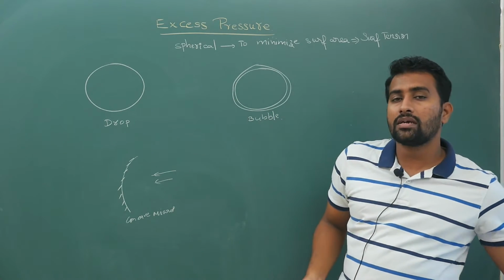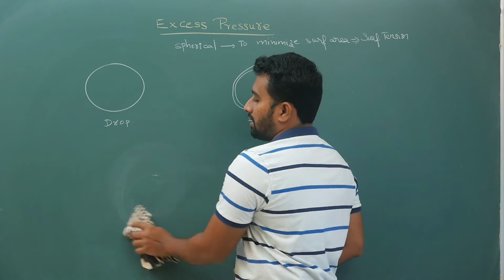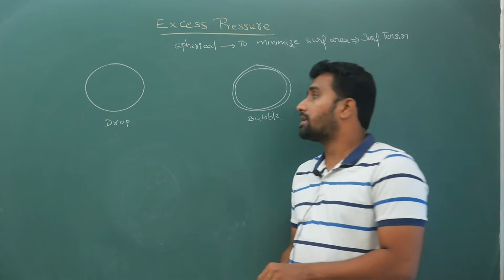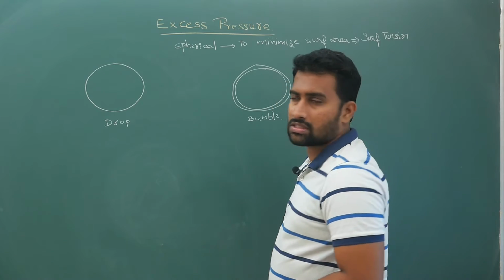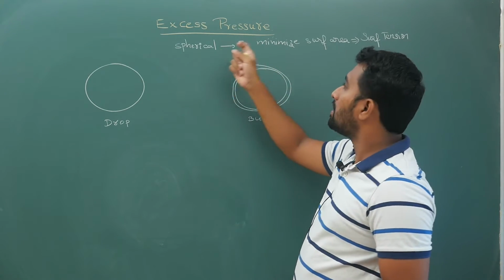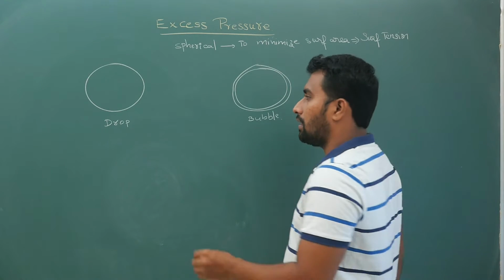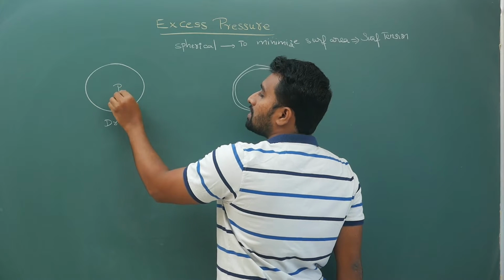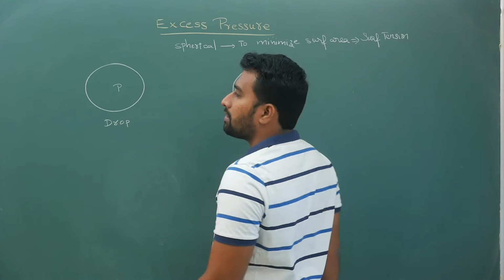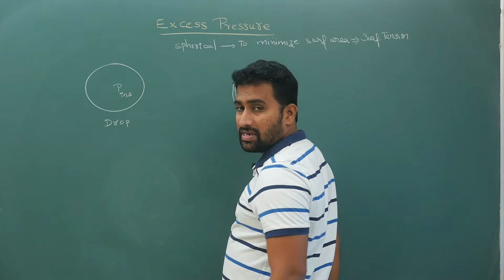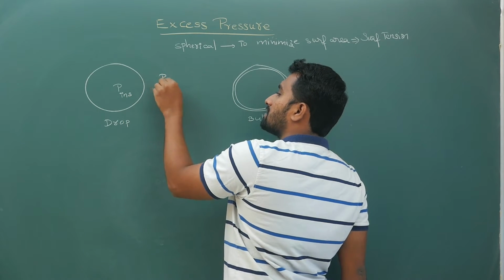Now my point is, if you take a drop like this, it will try to minimize surface area. To minimize surface area, it is spherical, and the reason is surface tension. Here, pressure develops inside, and it will be different from the outside pressure.